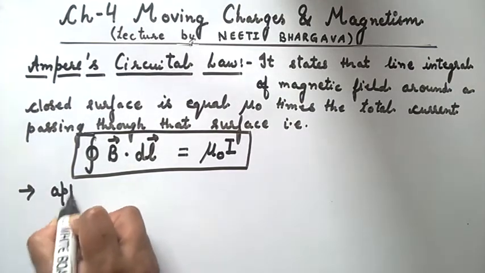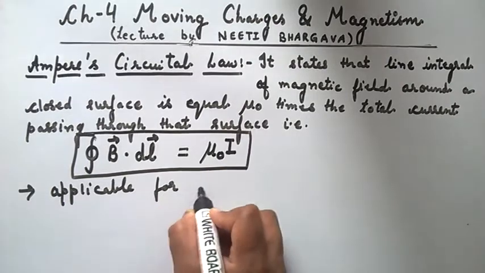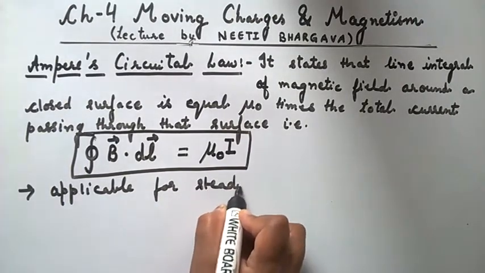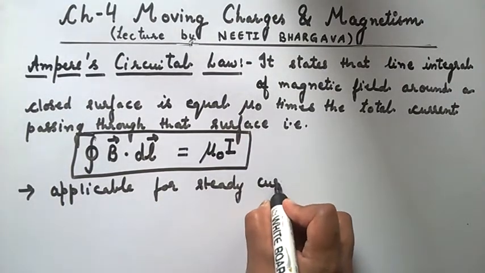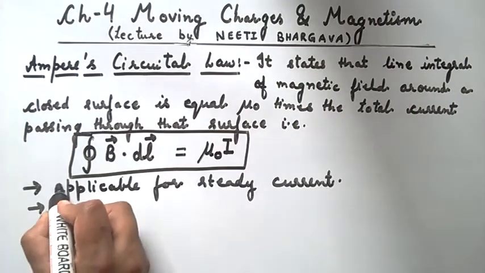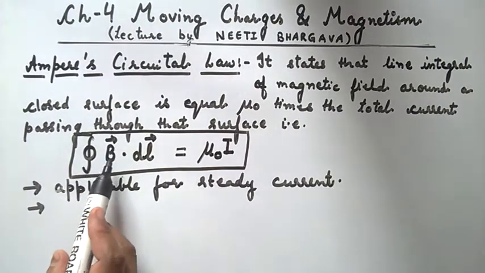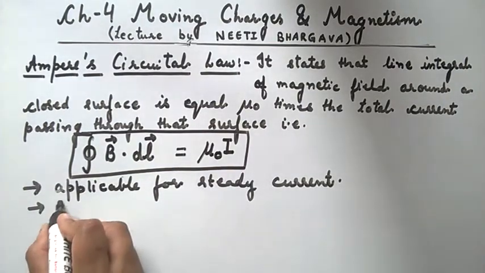This law is applicable for steady current. Here the closed loop is known as Amperian loop.